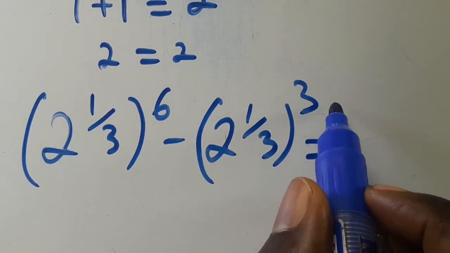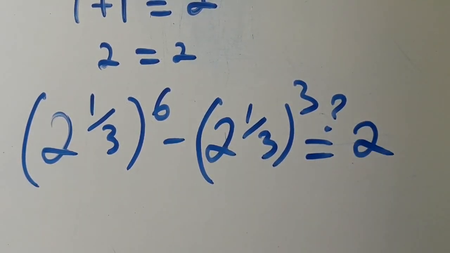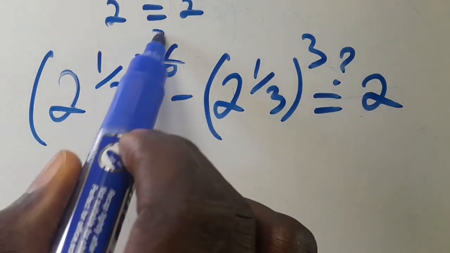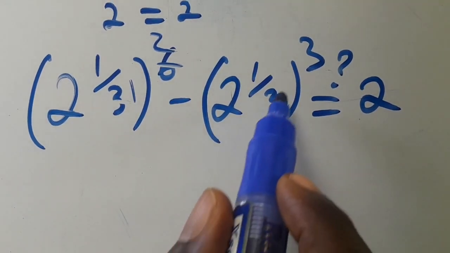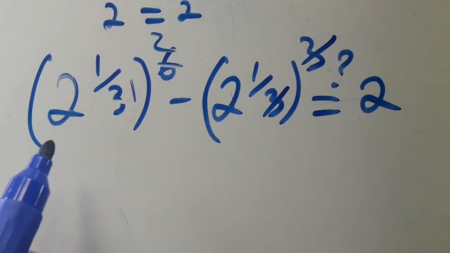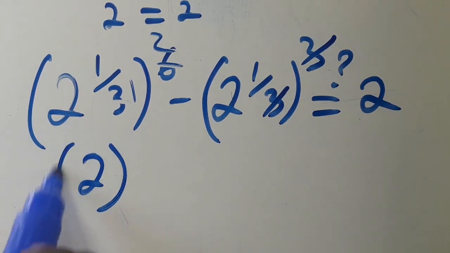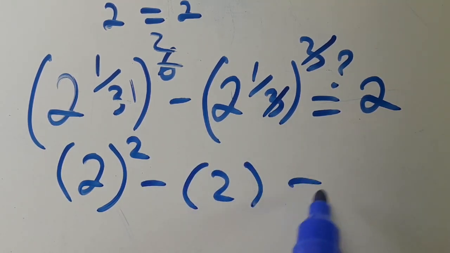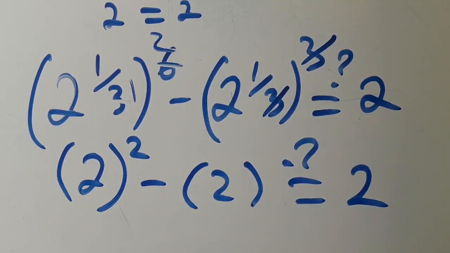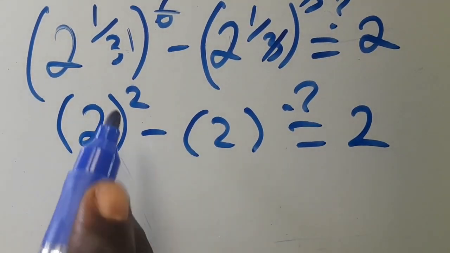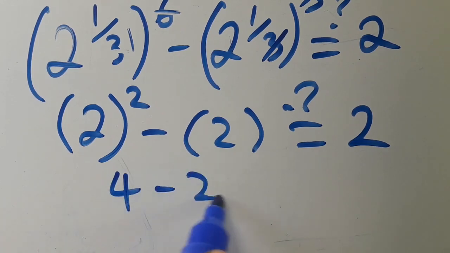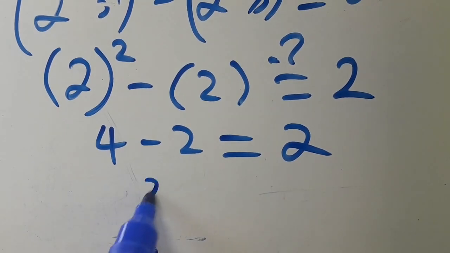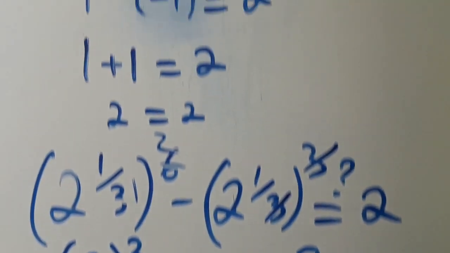Then is it going to give us 2? Then from here, 3 here, 1 divided by 3 in this, we cancel this 3. Then we have 2 in bracket to the power of 2, minus 2. Is it going to give us 2? From here, 2 to the power of 2 will be 4 minus 2, which is equivalent to 2. So 4 minus 2 is 2 equals 2. So this is also true.